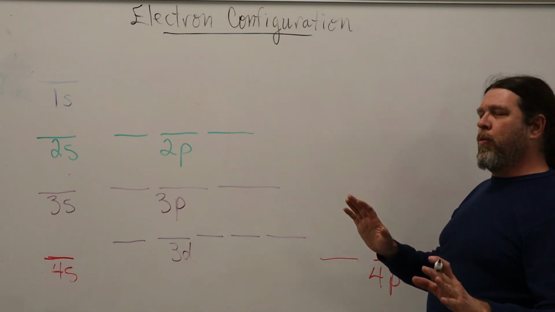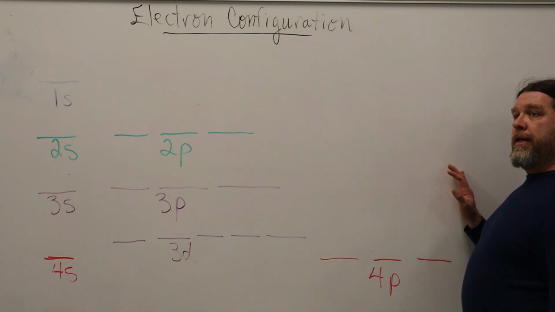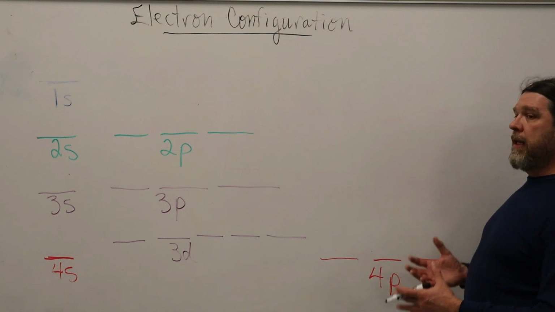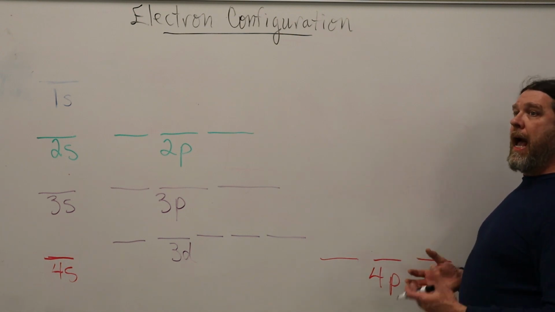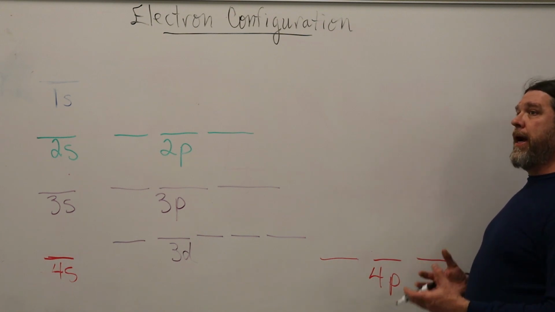We're not going way into the weeds like that. We're just sticking to a very high school level way of looking at the way electrons are configured in a particular element.